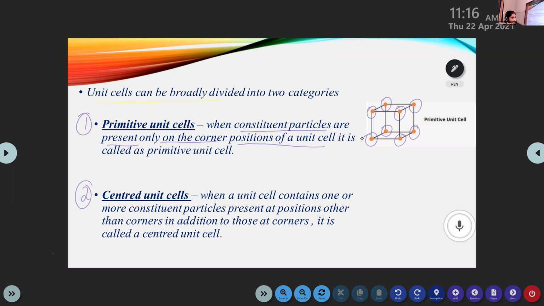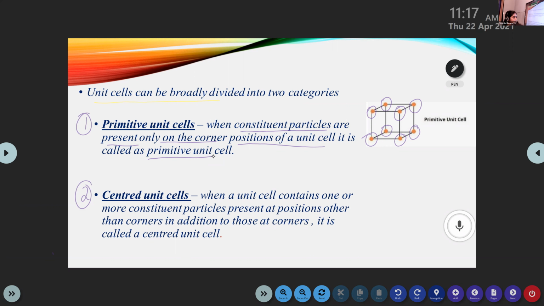So when the constituent particles are present only at the corner positions of a unit cell, it is called a primitive unit cell. That's the first type of unit cell. The constituent particles are only present at the corner positions of a unit cell.